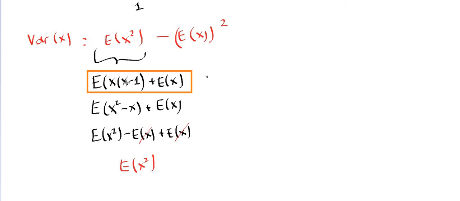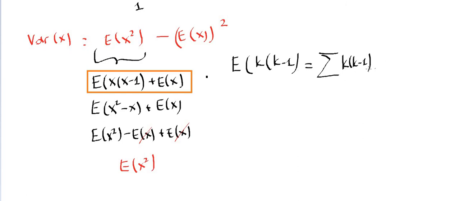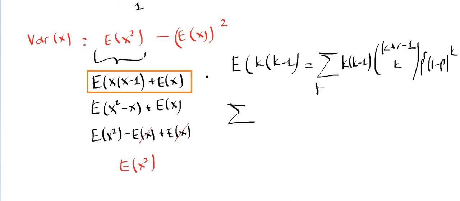For this, we're going to start with expectation of k times (k minus 1) in our case. By definition this is k times (k minus 1) times the density function, which is (k plus r minus 1 choose k) p to the r, (1 minus p) to the k. Like we did in the previous section, we're going to expand this. The summation starts from 2 to infinity, because 1 and 0 make this whole function 0.